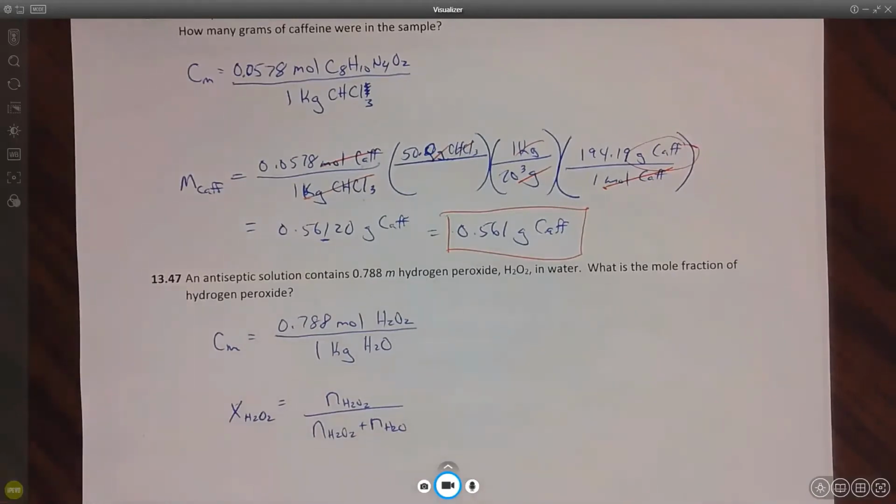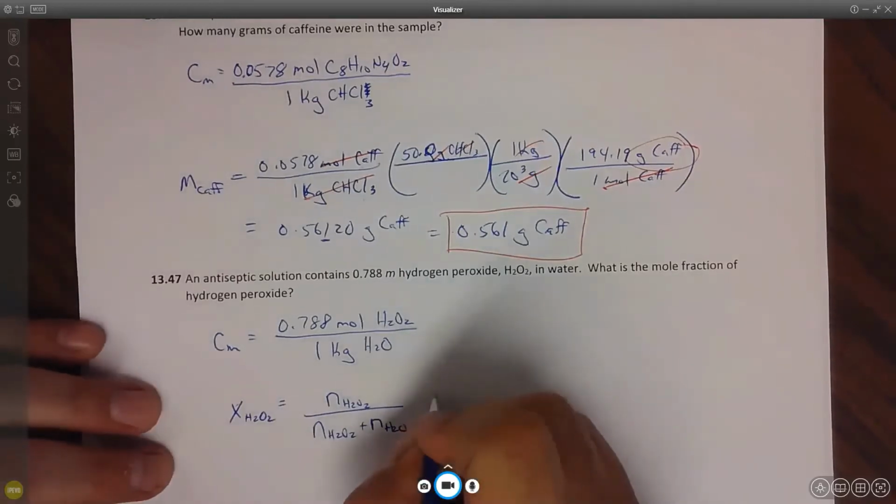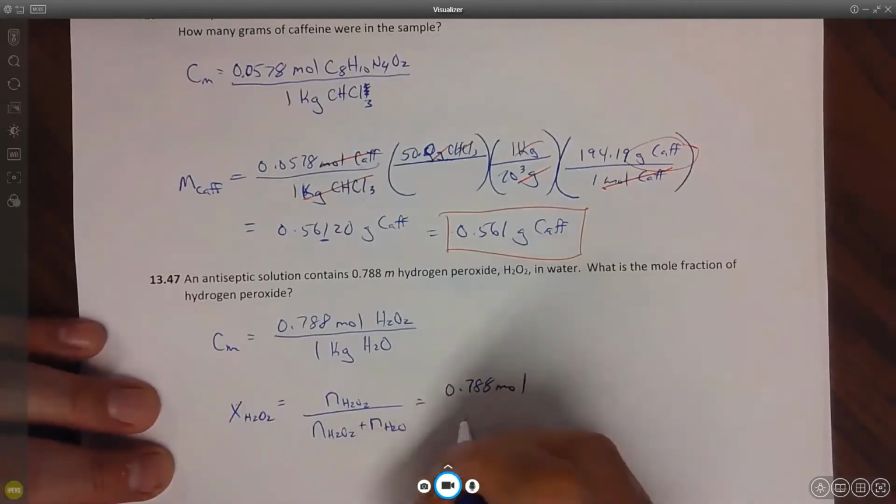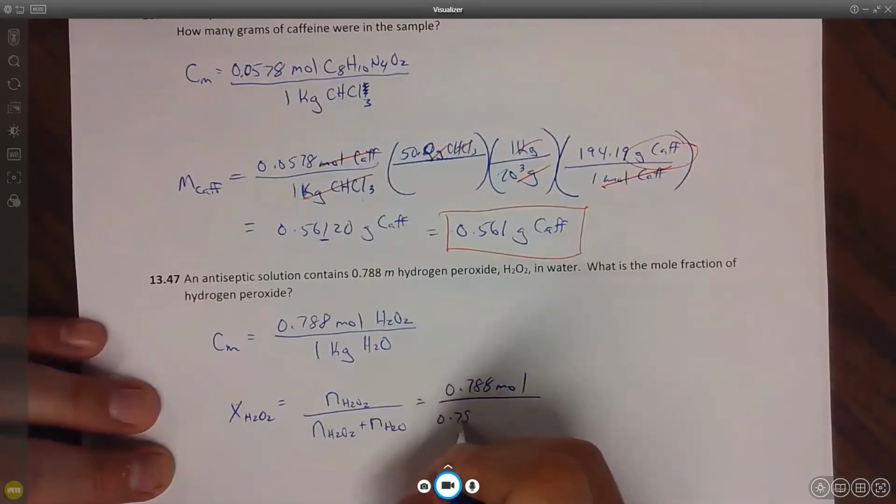Okay, how many moles of H2O2 do I have? Katrin, what do you think? How many moles of H2O2? 0.788. Okay. So, you're on a roll now. So how many moles of water?